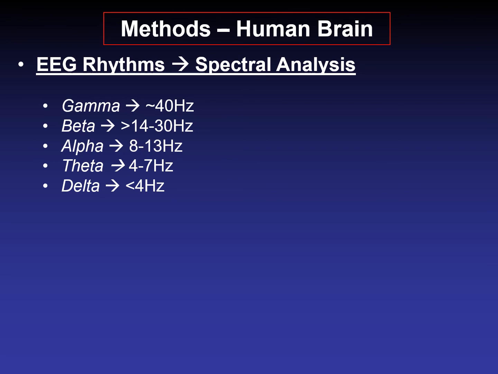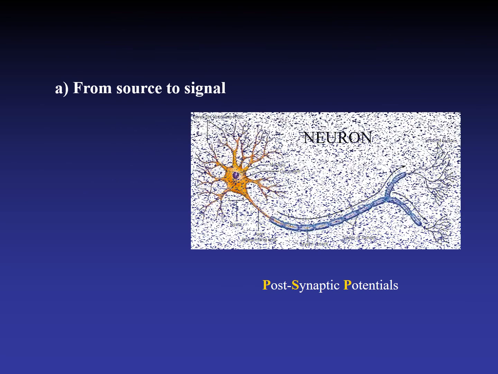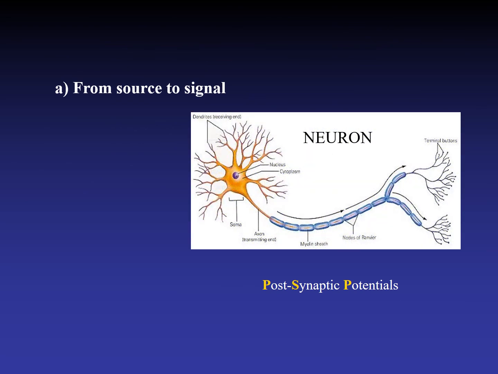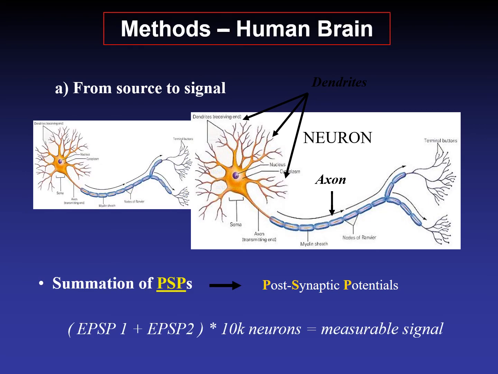And as I said, different sine waves tend to relate to different psychological processes and are useful to that extent. These signals come from not the axon, but the dendrites in the form of excitatory and inhibitory postsynaptic potentials, as we talked about before.